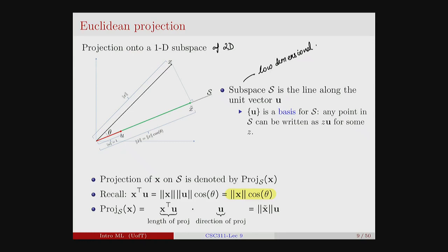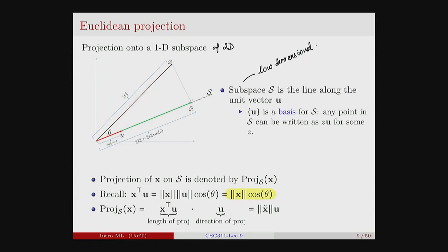And geometrically, what's happening is that we're taking the length of this original vector, the norm of this vector, and we're multiplying it by the cosine of the angle between the vector and the unit vector of the subspace. And what that does, if you'll recall from your trig classes, is that it gives you the size of the vector projection.